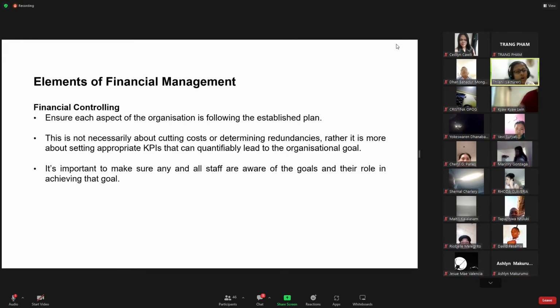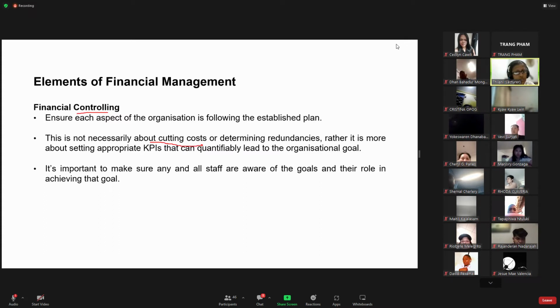It's not always about cutting costs. When you say controlling, a lot of people understand it as cutting costs or redundancy, but you have to set certain quantifiable measurements and lead the way. That way you can reach your organizational goals.